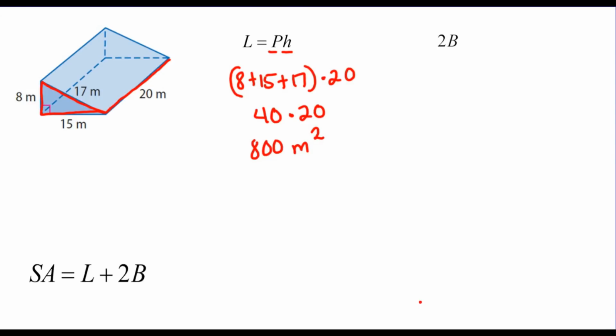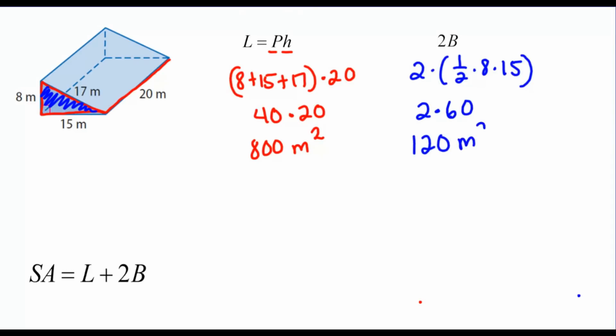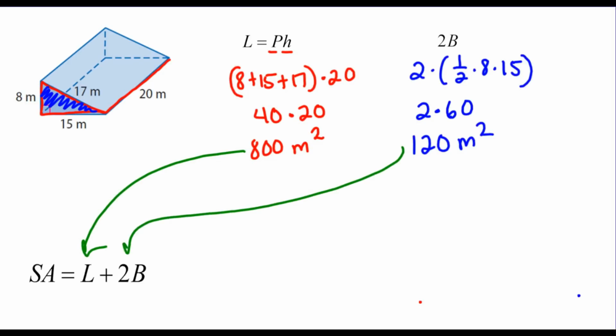And then my two bases. Well, the bases are these triangles again. So the area of the base is going to be 2 times area of the base, which is 1/2 times 8 times 15. And 1/2 times 8 times 15 is 60. So I have two of those. 2 times 60 is 120 square meters. And then my total surface area is going to be the lateral surface area plus the area of the two bases.